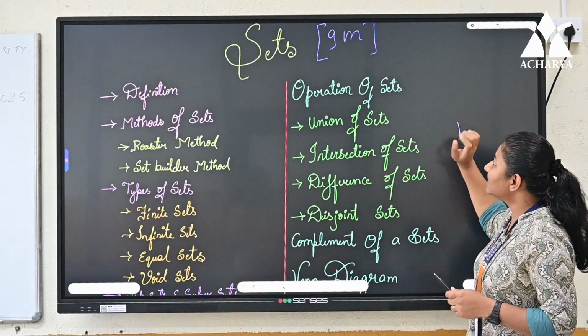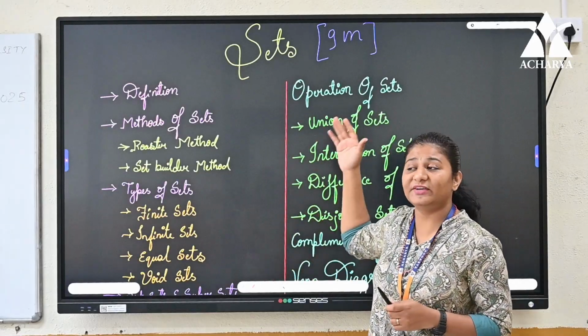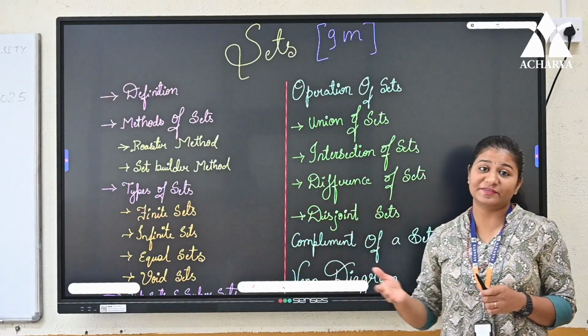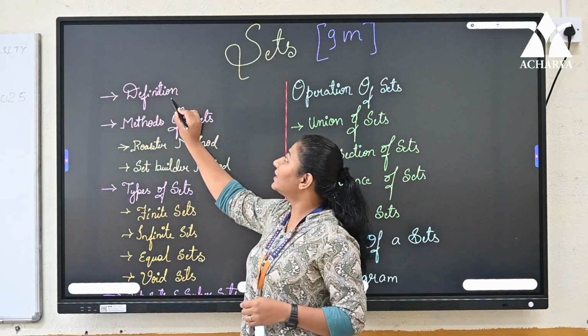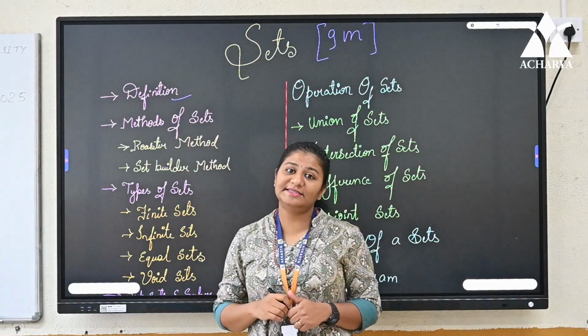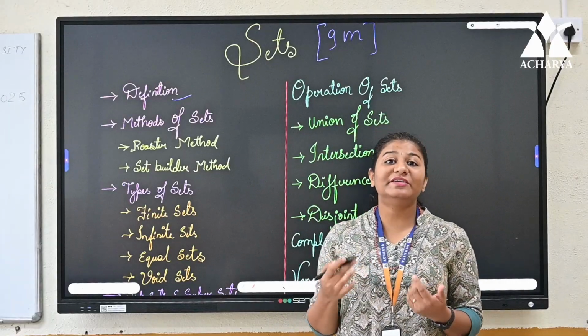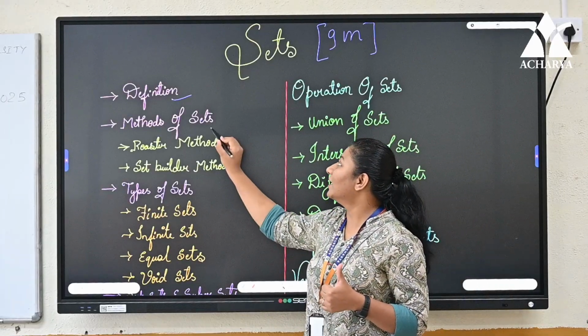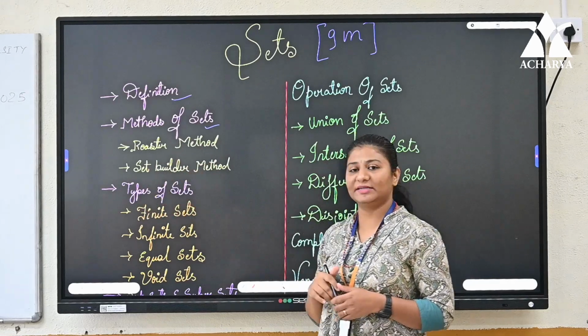While covering this set chapter, we will move through different terms, different conditions and different methods. The first thing we need to know is the definition of a set. The second is how many methods are used to define sets: the roster method and the set builder method.